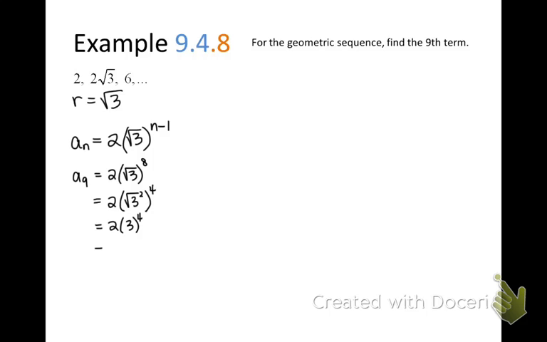What is 3 to the 4th? 81, right? 9 times 9. And then 81 times 2 is 162. So that's my 9th term there. Any questions on that? Okay.